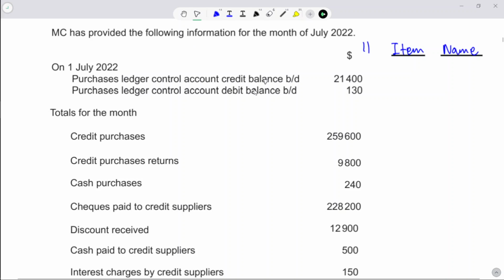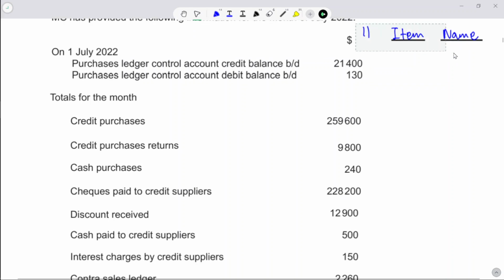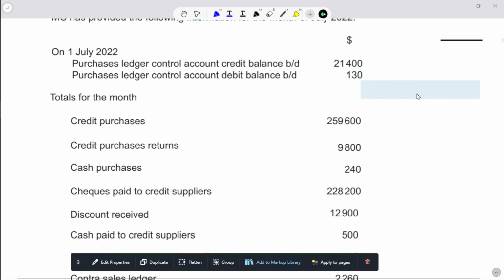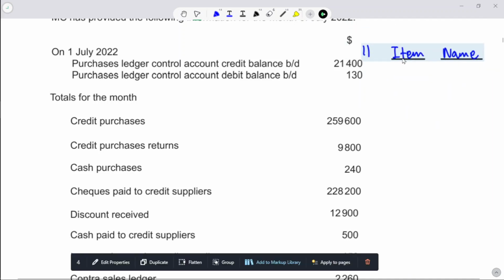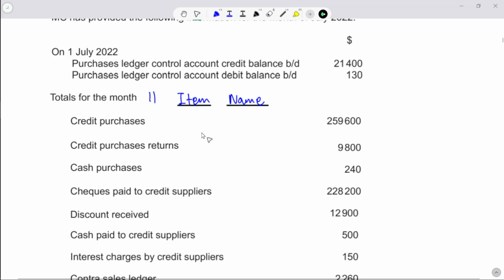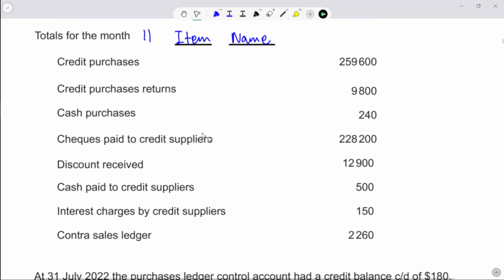So this line we can ignore. So now let's go to next line. Go to next line. What you want? Okay. So that's the tricky part. So first we highlight the item and name.